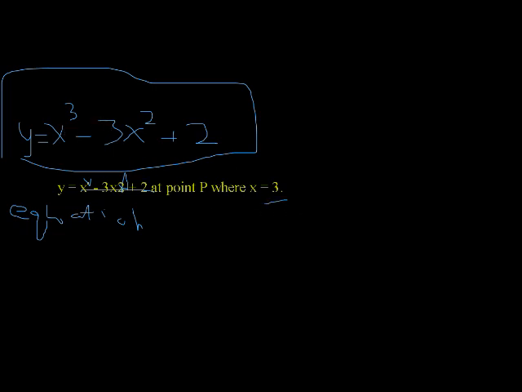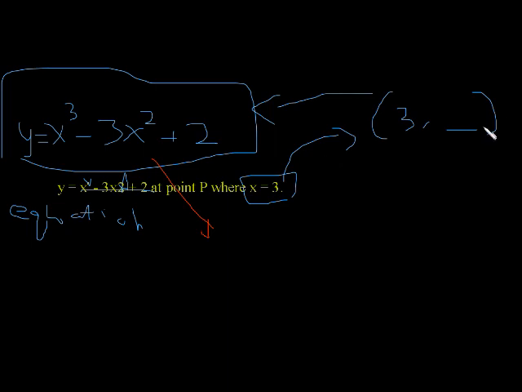and first we need to have both coordinates, x and y. So we know that the point x is 3. What about y? We'll use the same equation to find that. So let's put x values in it. To find coordinate y, for x cubed, we put 3 over here. 3 raised to power 3 minus 3 times 3 raised to power 2 plus 2.